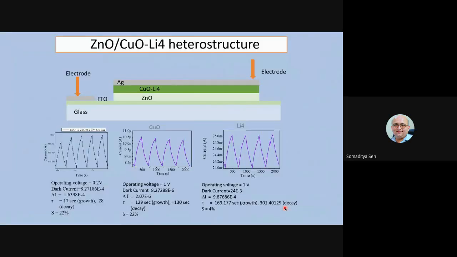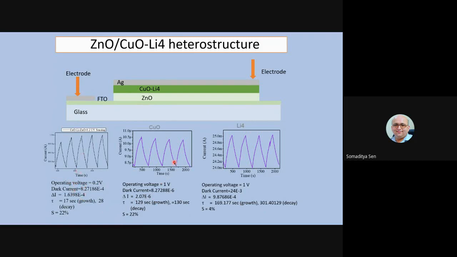Okay, so this slide I want to come back to later on because this is a thin film slide. But here I just want to discuss it before going ahead. So there was a heterojunction created of zinc oxide and copper oxide, modified copper oxide. So this is the composite structure, the heterojunction.